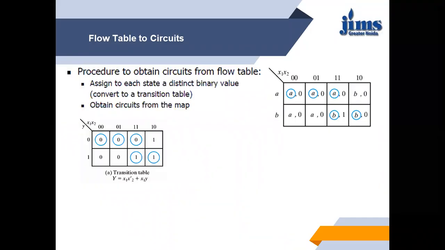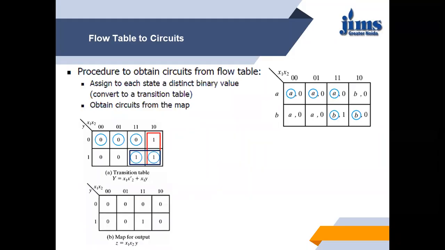So we have plotted A equals 0 and B equals 1. When we solve it with the help of the K map, Y equals x1 x2 bar plus x1 y. So these are the two pairs. Similarly, we can plot the value of z: 0, 0, 0, 0, 0, 0, 1, 0.